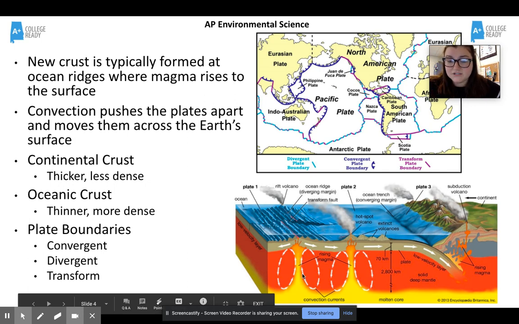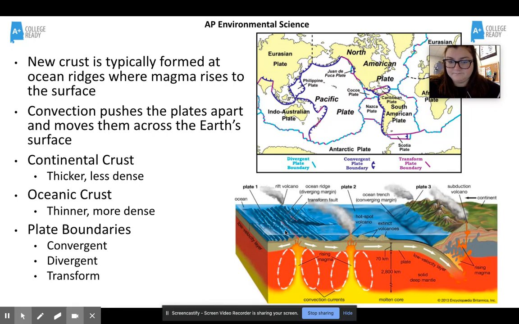Those are convection currents, pushing this liquid magma up to the top. It gets to the top and it cools down. And eventually it causes these plates to spread out further. So convection pushes the plates apart and moves them across the Earth's surface.